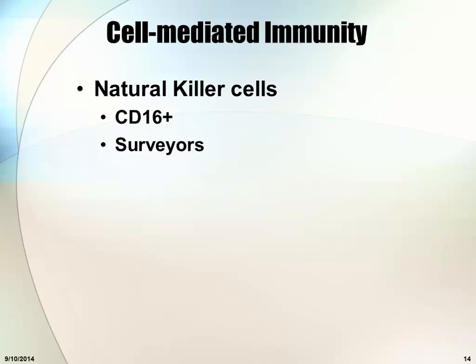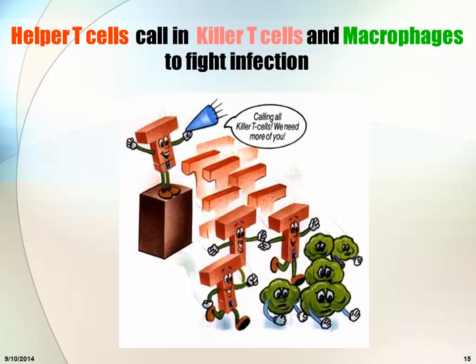So why don't we all have cancer all the time? Because these cells take care of them most of the time. Why do they sometimes not? That's the big question.